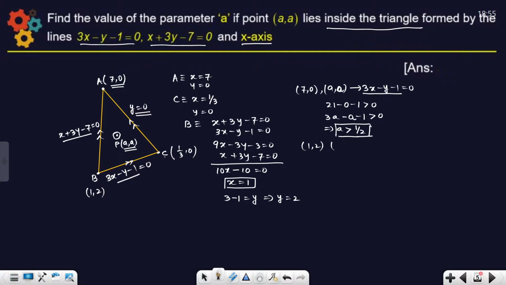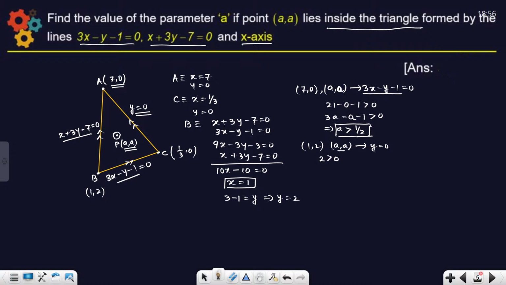Okay. Now, we are considering the point (a, a) and (1, 2) with respect to the line AC, which is your y equals 0. Right? Now, if I put (1, 2) over here, we are getting 2, and 2 is greater than 0.